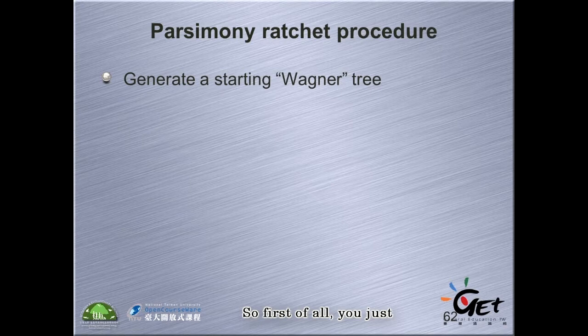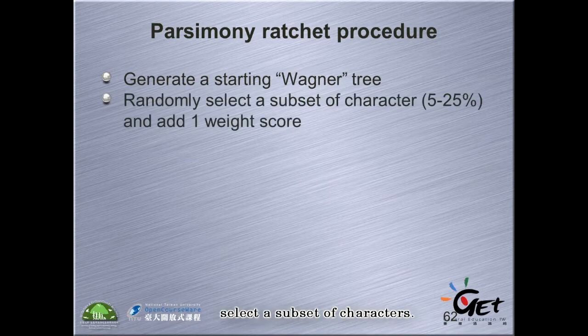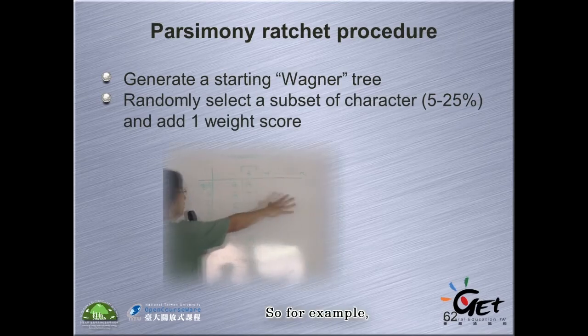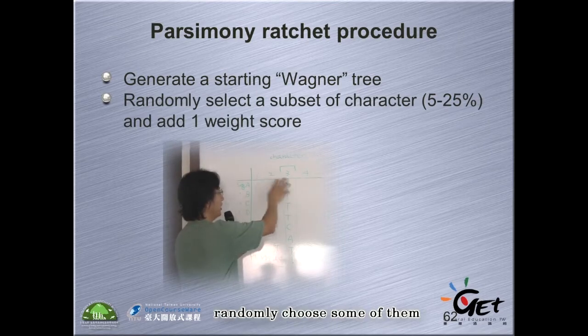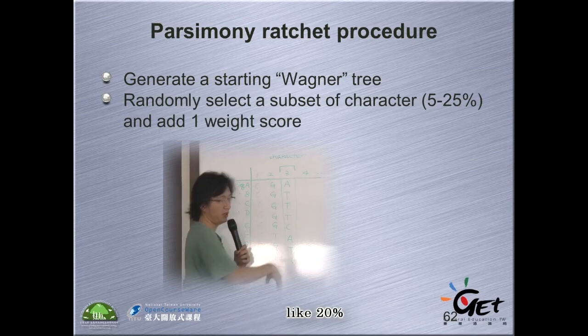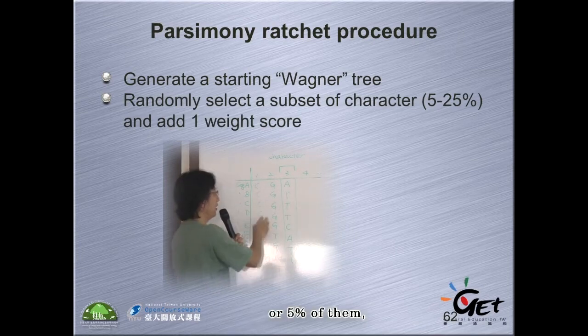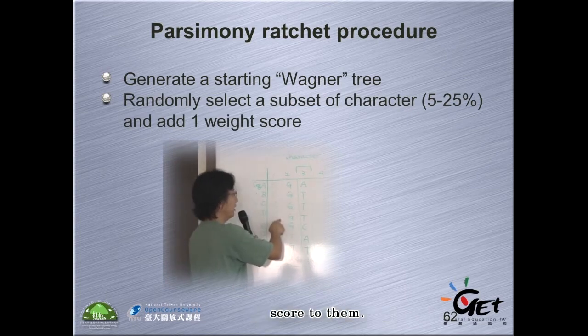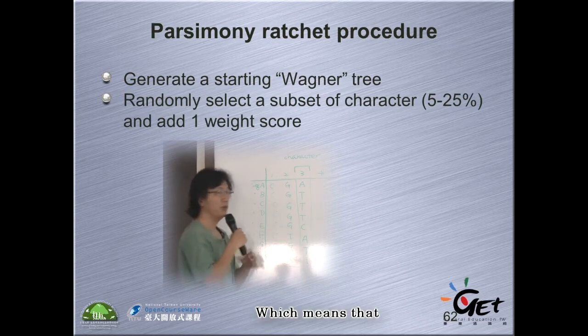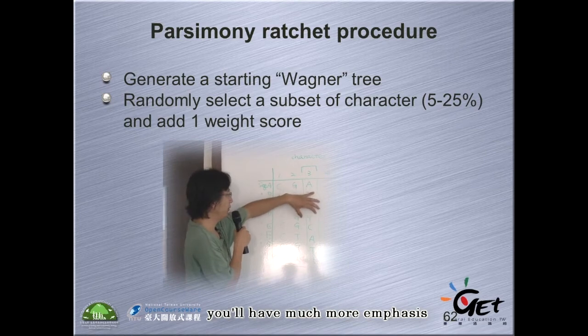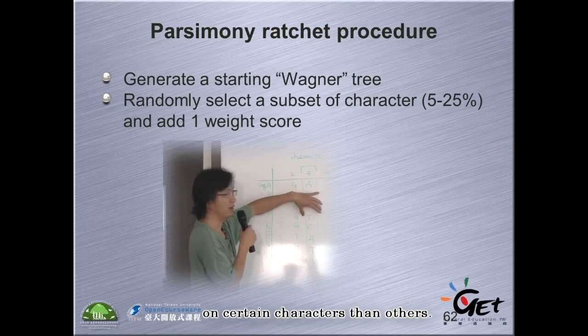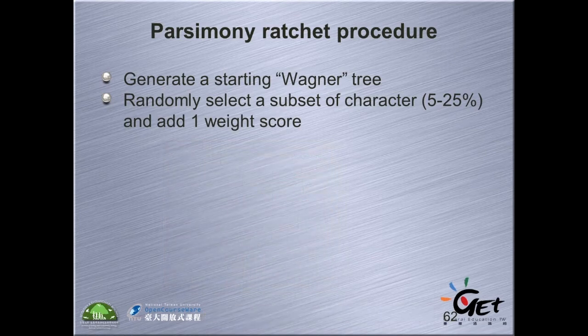So first of all, you just need to start with a random Wagner tree, which is a non-weighted tree, and randomly select a subset of characters. For example, you have a lot of characters, you randomly choose some of them, like 20% or 5% of them, and give a weighting score to them, which means that you will put much more emphasis on certain characters than others.